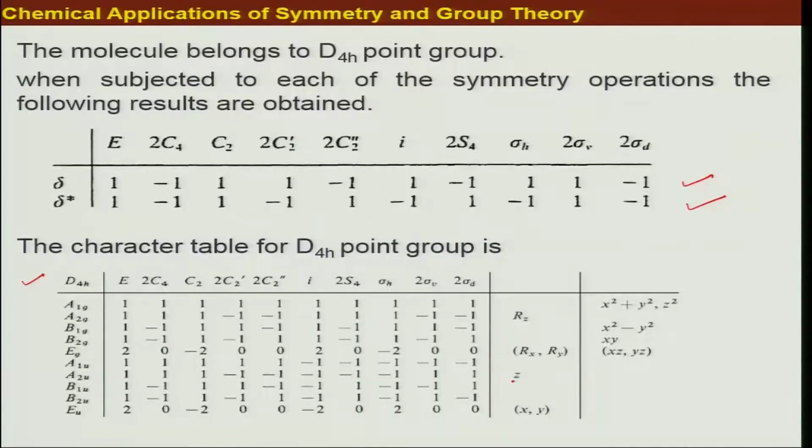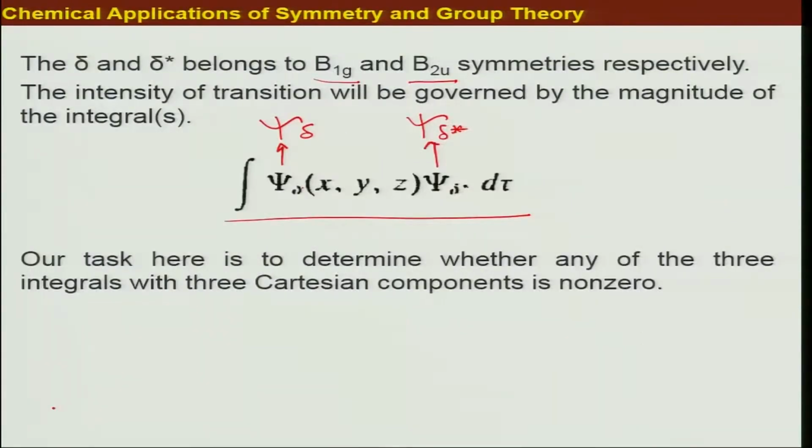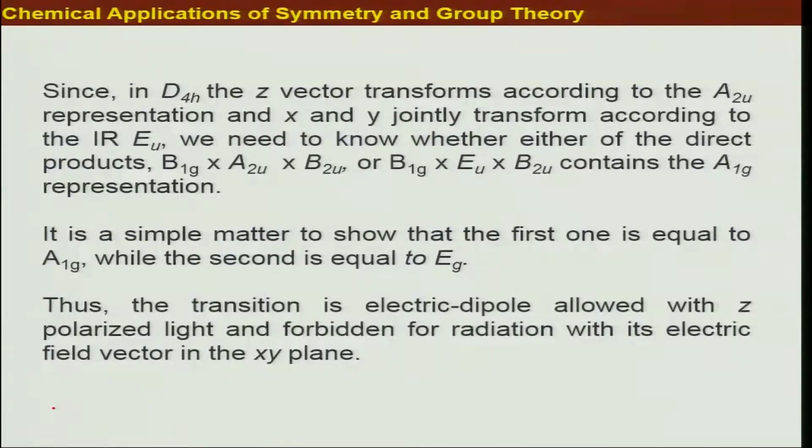You can see that z forms the basis for A2u, so I can say z transforms as A2u, and x and y transform together as the irreducible representation Eu. All right. So we have got all the information that we need to solve the integral.